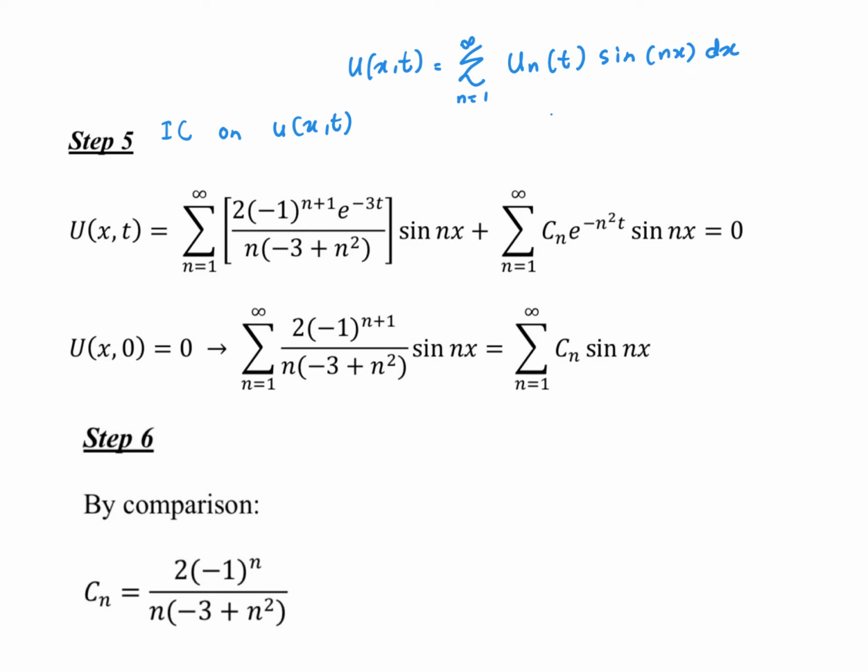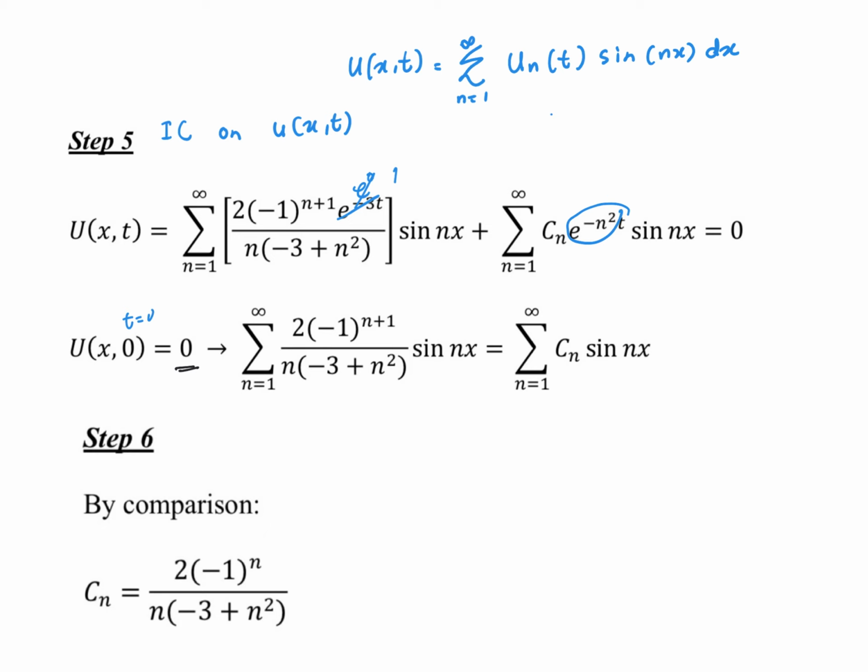Since we have the value of u_n(t), we just substitute into this equation. And then we use the IC, which is u at 0 is equal to 0. That means we just substitute t equal to 0. So this one will be e to the power of 0, which means it will be 1.